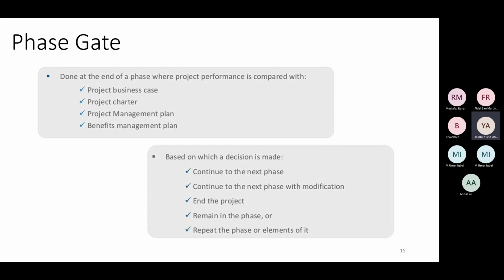Sometimes the decision could be to end the project. In the middle of the project, at times the business objective itself changes, and then it could be a decision to end the project. For example, there was some regulation which we started working on a project for.